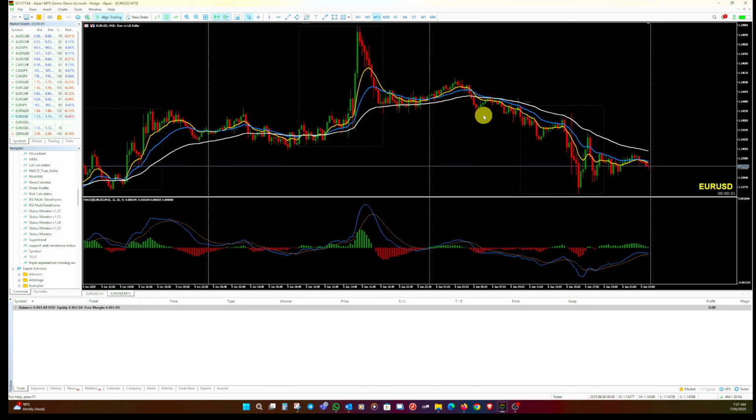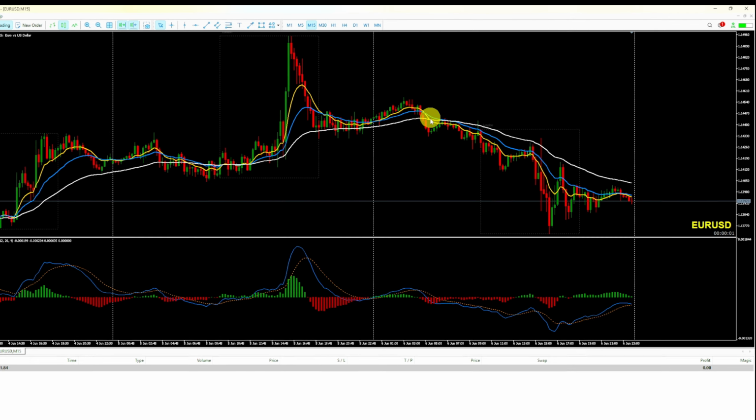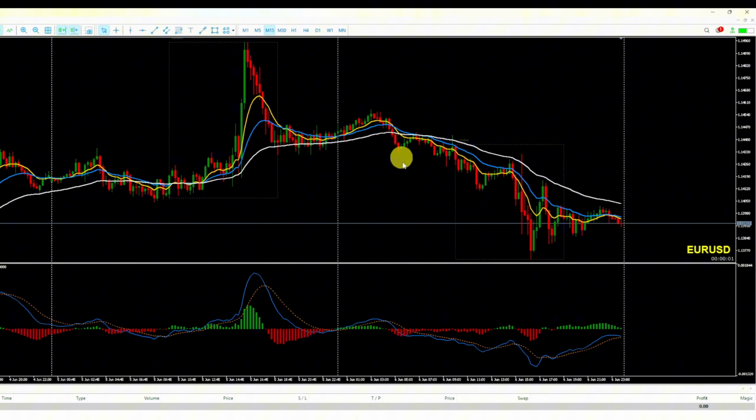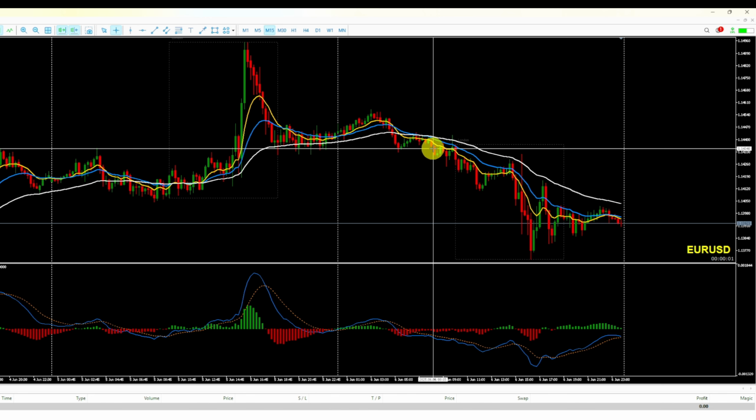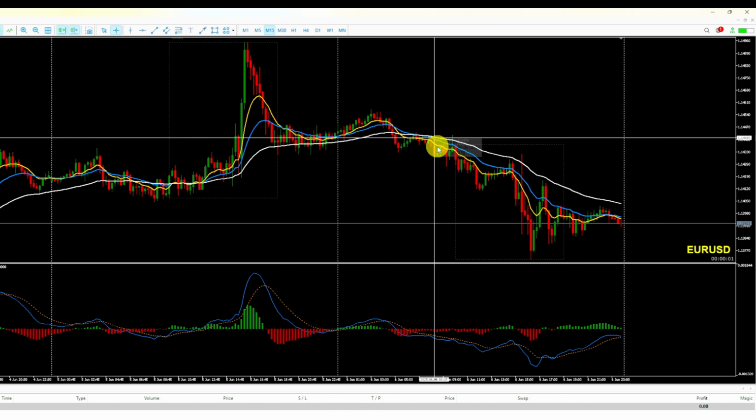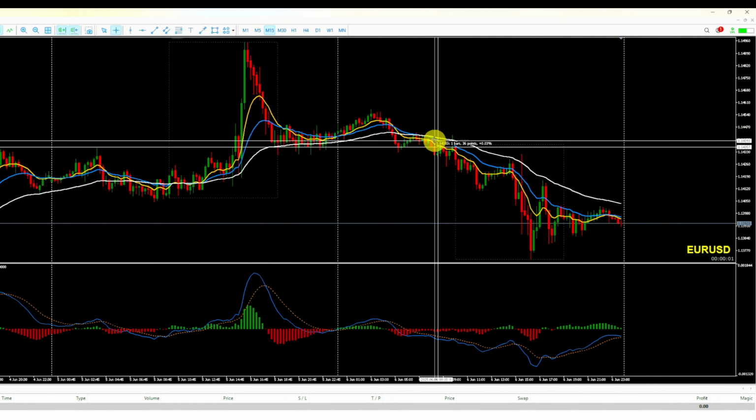Now, using the EMA strategy alone, we would see here the moving averages just crossed over and changed direction from the long trend to a short trend. We had a pullback at this stage to the moving averages and a close below. So we could have entered really on any of these candles. This is the first big move on this candle.